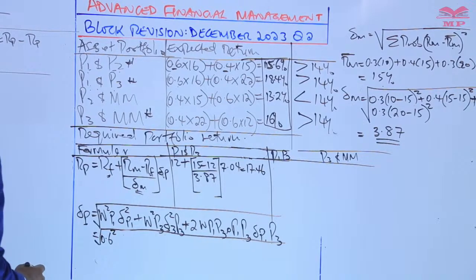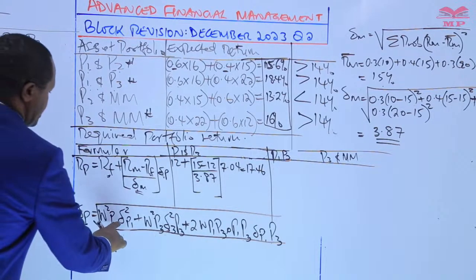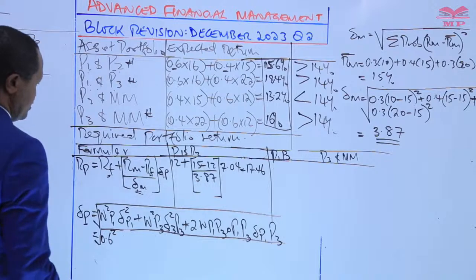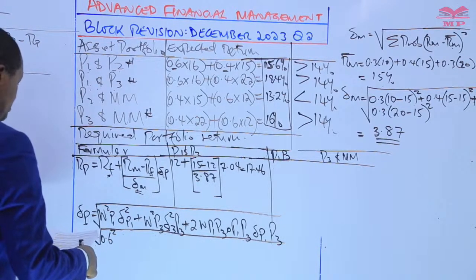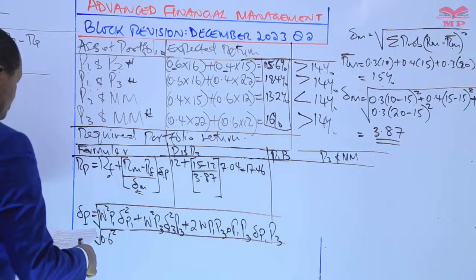All right. Then standard deviation for P1, looking at the information there, standard deviation P1 is 8%.